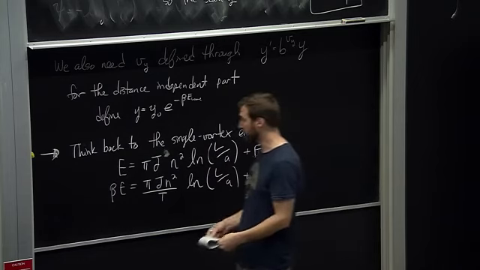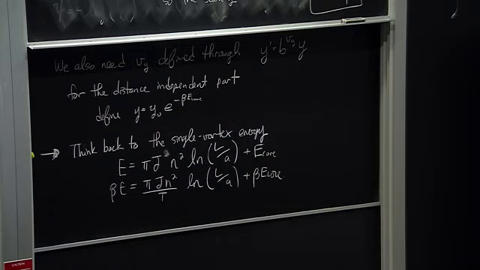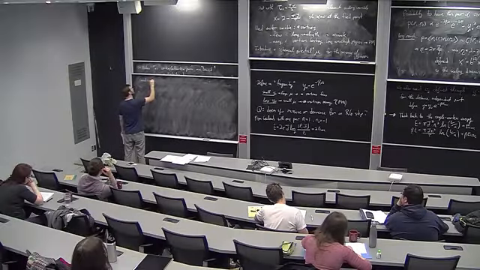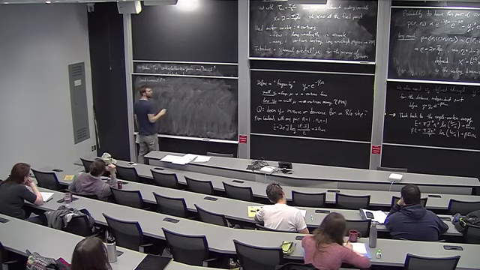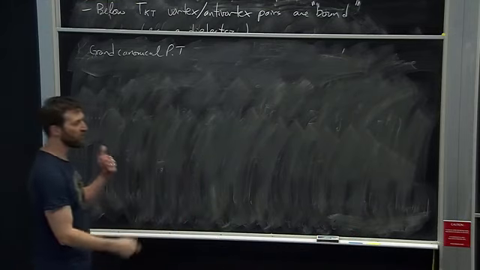Okay, so let's think of the grand canonical partition function for one core. So I have Z. I have a sum over all the possible ways that this core can be put into the system.